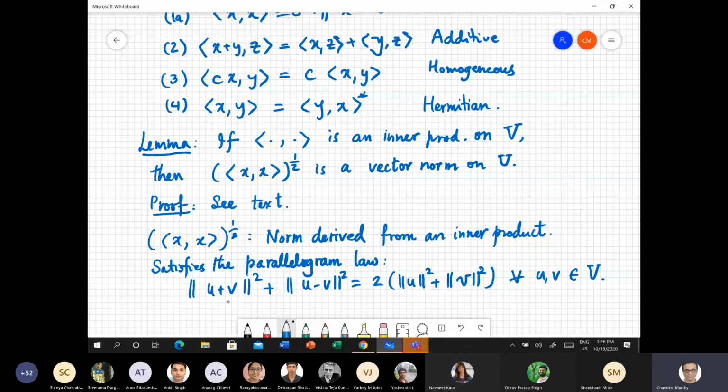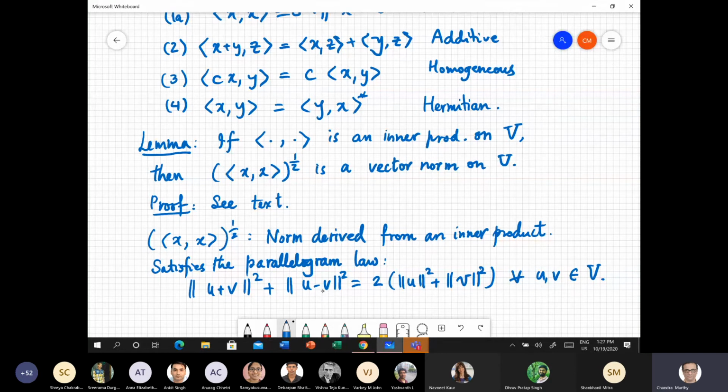So if you think of this as the inner product square, when I take the inner product of u plus v with itself, I'll get the inner product of u with itself plus the inner product of v with itself plus 2 times the inner product of u with v. When I take the inner product of u minus v with itself, I'll get the norm of u squared plus the norm of v squared minus 2 times the inner product between u and v.